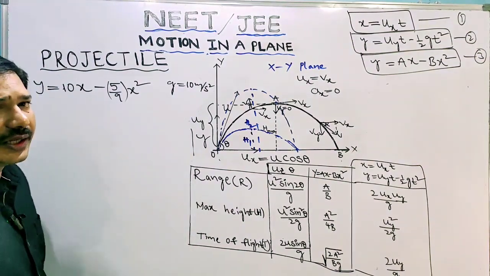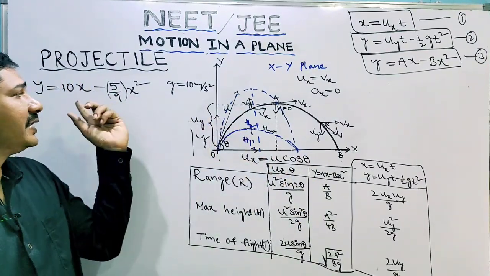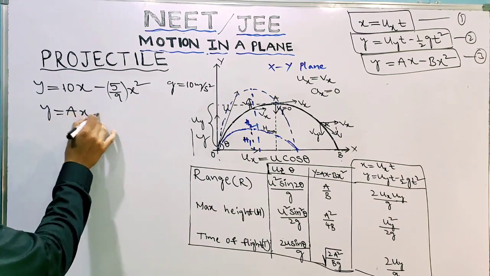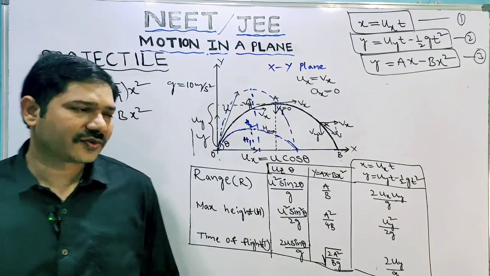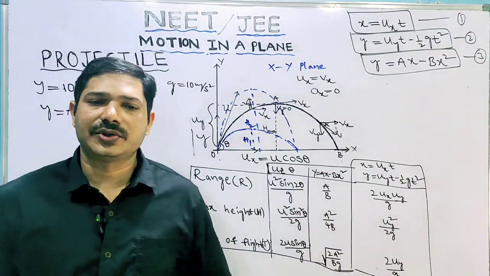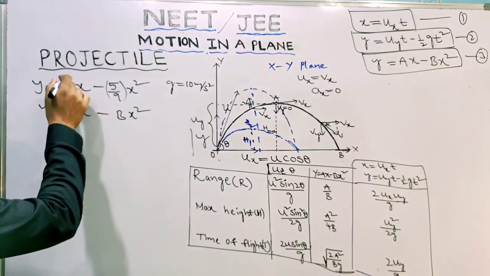So very simple method in competitive examination. Range they are asking. So this equation is like y equal to ax minus bx square type. Simply a by b, if you substitute you'll get the answer. Here what is a?